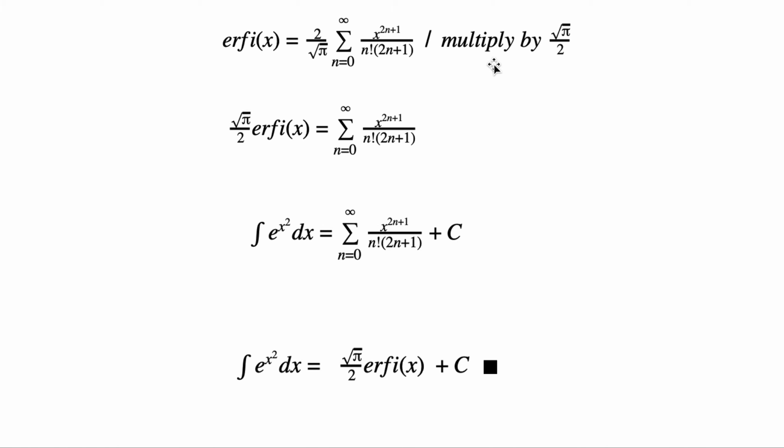We multiply by the reciprocal so that this simplifies in front, and when we multiply the whole equation by the square root of pi over 2, we get the square root of pi over 2 times erfi of x equal to the sum n from 0 to infinity of x^(2n+1) over n factorial times (2n plus 1).